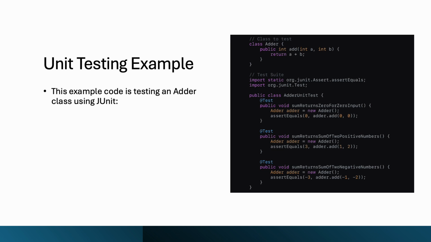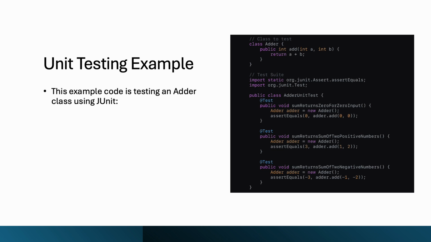So here we have an example code using JUnit. JUnit is one of the most popular Java testing frameworks. In this example, we have a class to test. The class is called Adder, and a separate test suite, which is the Adder unit test. So 3 tests were conducted.